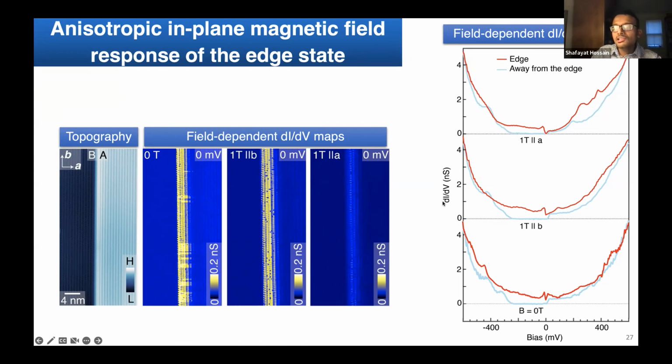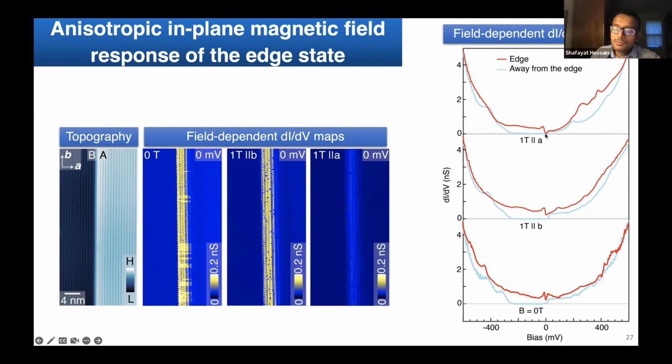So this is again clear from the differential spectra and the IDV spectra. So when the magnetic field is parallel to the B-axis or parallel to the edge, there is still a gapless edge state. But when the magnetic field is perpendicular to the edge, then there is a gap, a small gap.